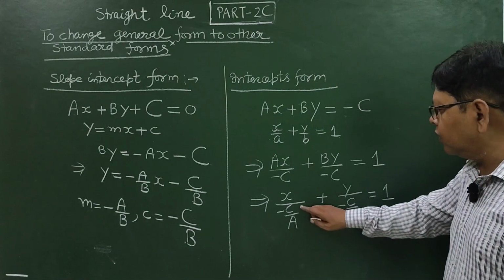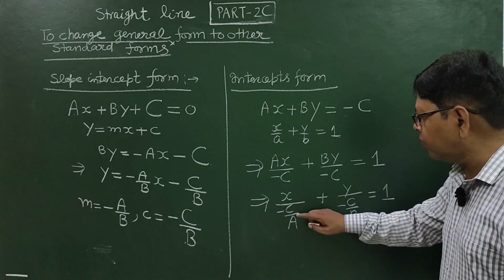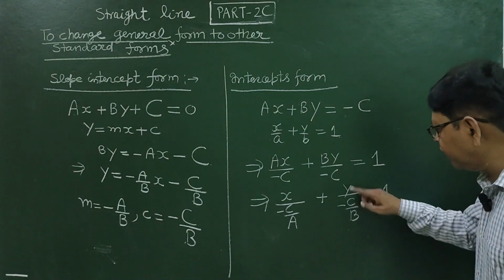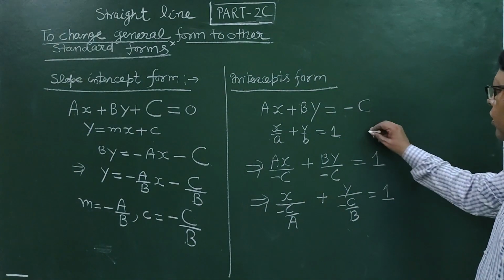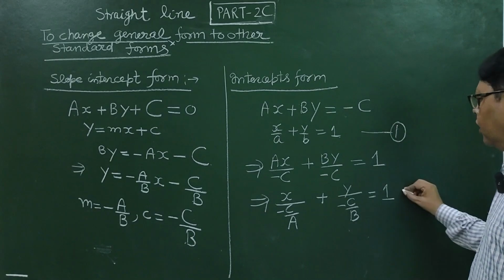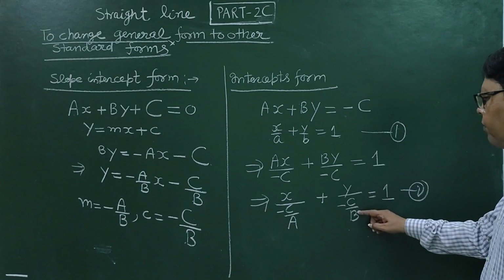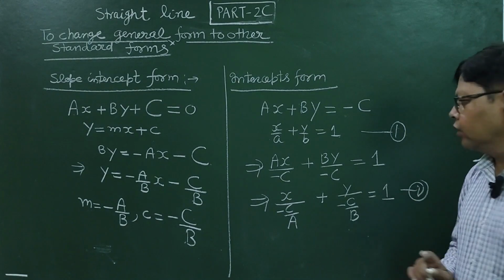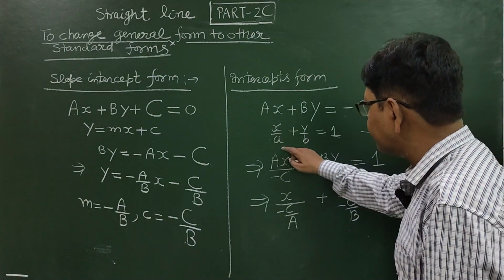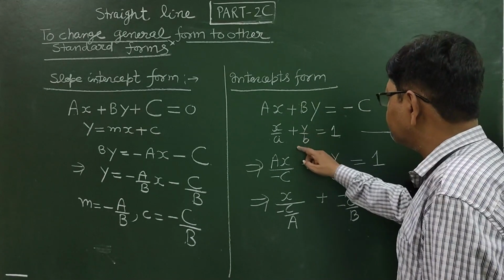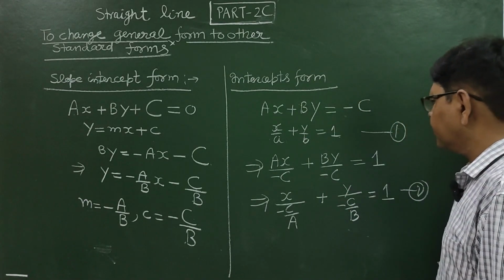Because if you take the reciprocal of the denominator, then it will be a upon minus c, and here it will be b upon minus c. Now these two have the same form, that is x upon something plus y upon something equal to 1. So this a is the x-intercept in the intercept form, and b is the y-intercept in the intercept form.